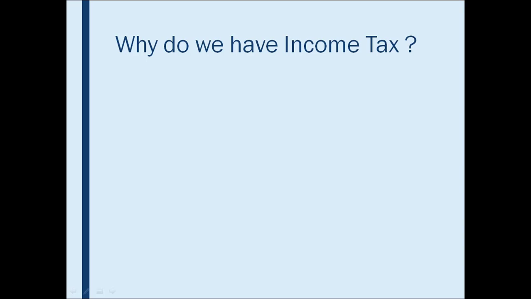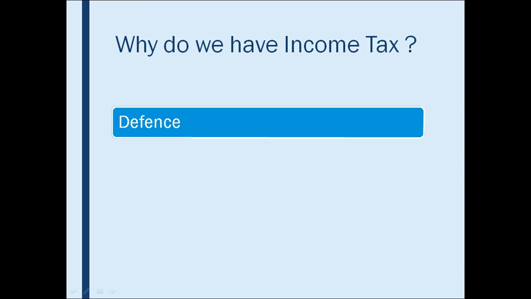Why do we have income tax? The answer is pretty simple. The government does a lot of things for its citizens and for its residents. It provides the defense services, so it protects the borders, it invests into various defense equipments and programs so that all its residents can have a peaceful life.